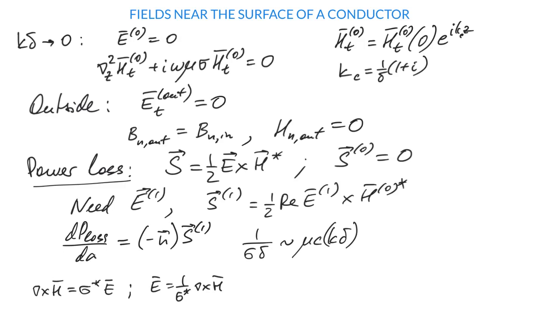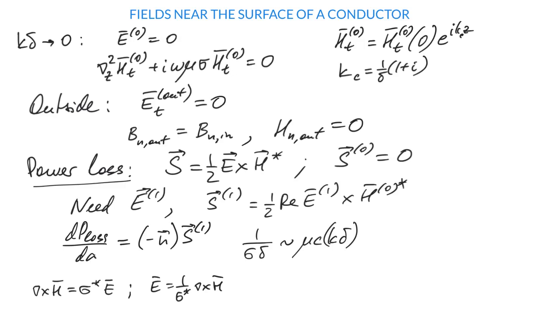Now, we can expand E and H in this equation in powers of k delta and match the powers, because del over sigma star gives an extra power of k delta.